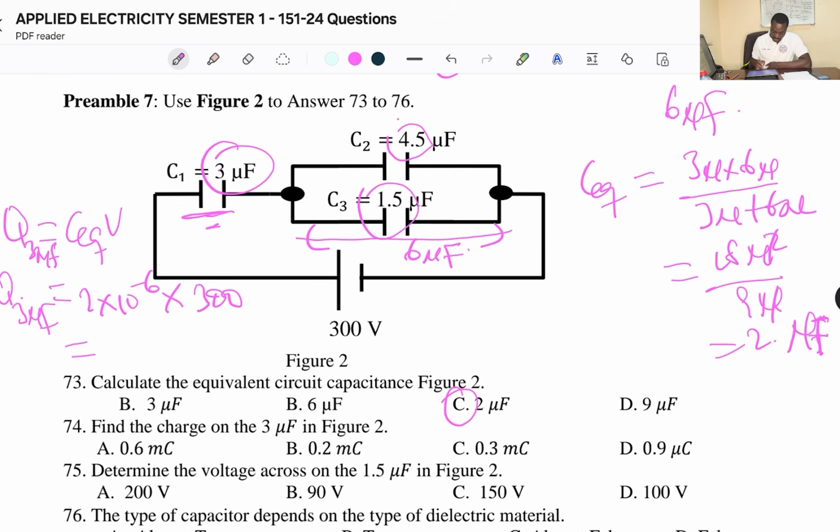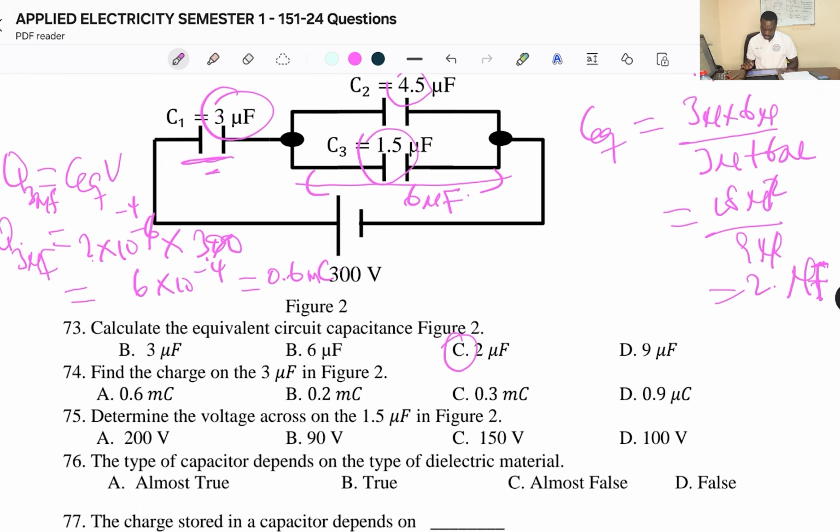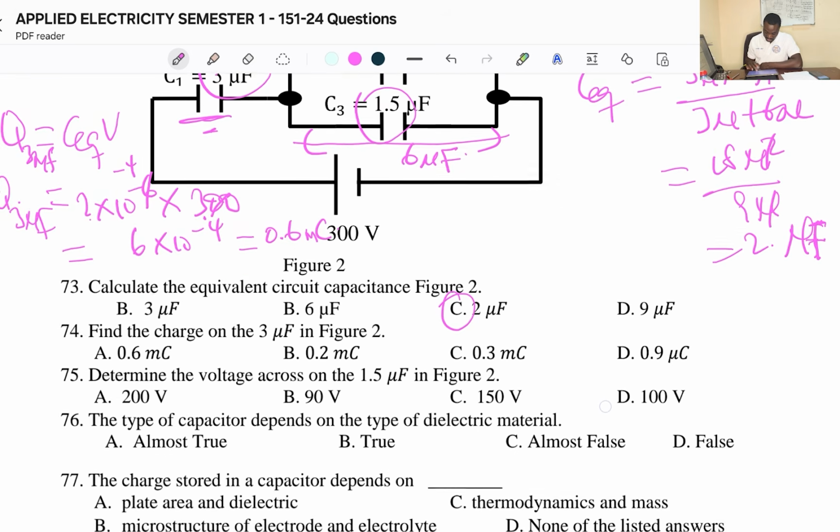Here you can see this will cancel with 2 of this, so that will be 10 to the power minus 4. 2 times 3 gives 6. So we have 6 times 10 to the power minus 4, and that will just be 0.6 millicoulombs. So the answer here is A.